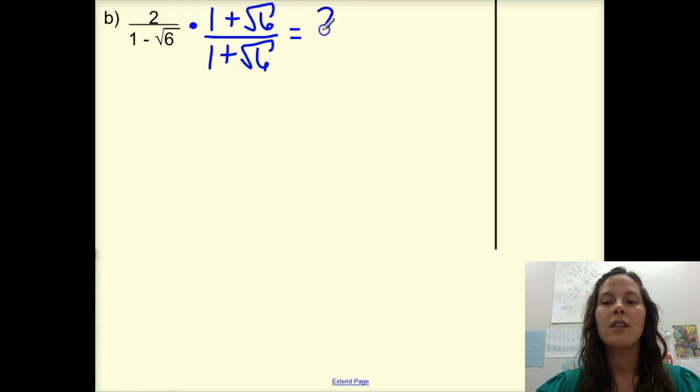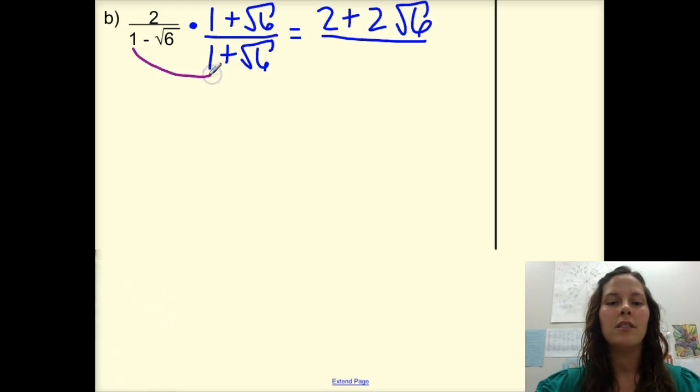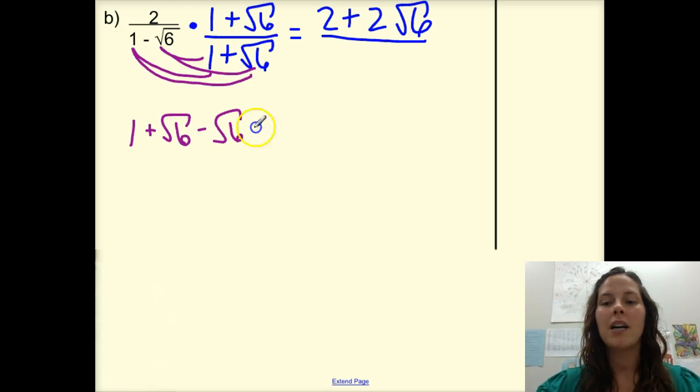Distribute that 2 in the numerator, so we'll have 2 plus 2 times the square root of 6. And in the denominator, I'm going to show you the long way to do this, and then we'll talk about the shortcut of multiplying conjugates. So we have 1 times 1, which gives us 1. 1 times positive root 6, negative root 6 times 1, and negative root 6 times positive root 6.